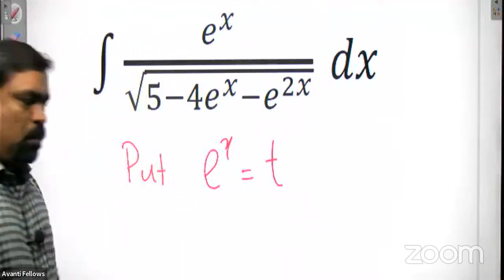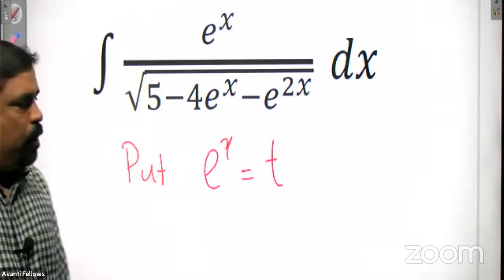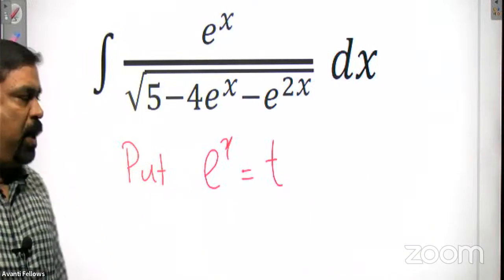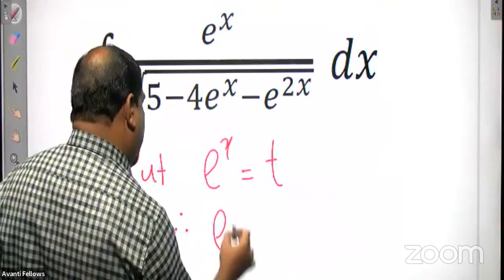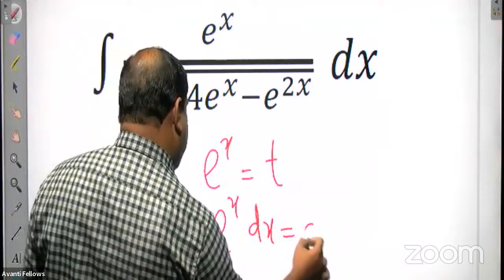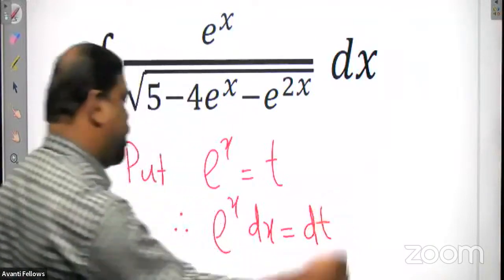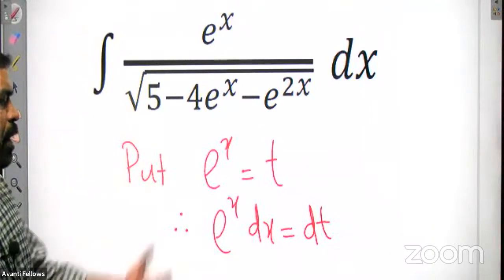e raised to x is equal to t. Put e raised to x equal to t. Therefore, derivative of e raised to x is e raised to x only. So dt by dx equal to e raised to x, e raised to x dx equal to dt.